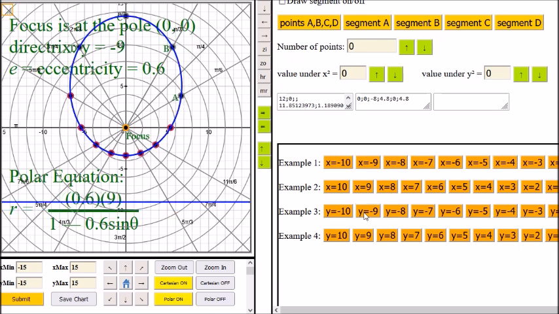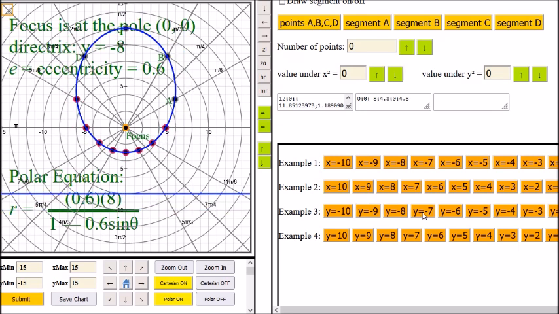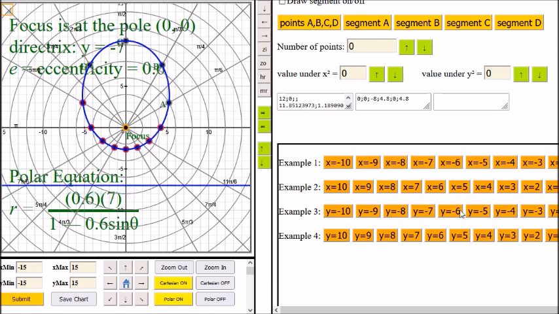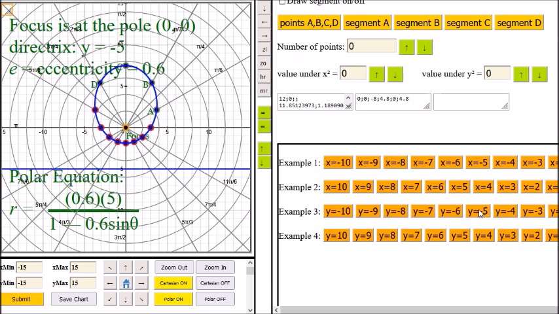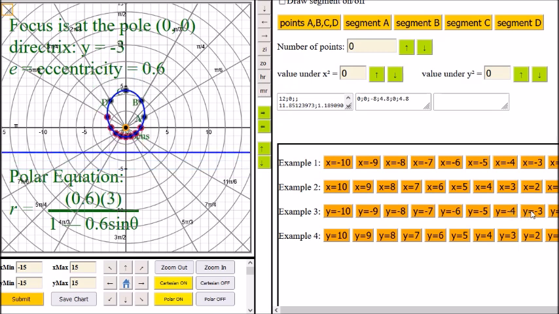Here's y equal to negative 9, y equal to negative 8, y equal to negative 7, y equal to negative 6, negative 5, negative 4, negative 3, negative 2, negative 1.